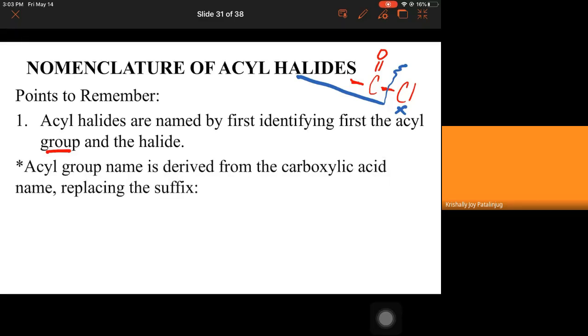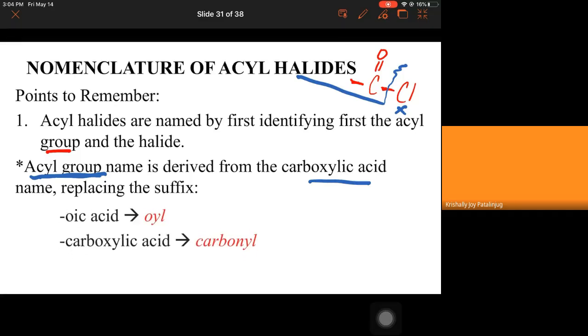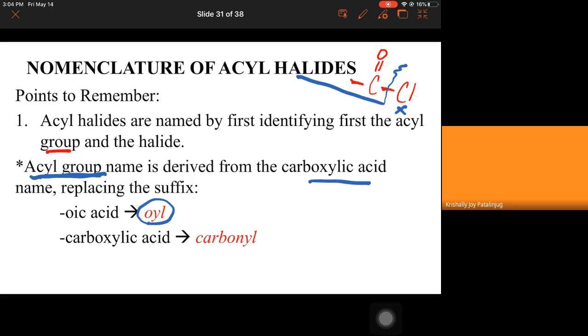Okay. The acyl group name is derived from the carboxylic acid name. You cannot name an acyl halide if you cannot name a carboxylic acid. They follow each other. Okay? Again, the acyl group part will be derived from the carboxylic acid name. How? If you already have the corresponding carboxylic acid name, simply replace the suffix oic acid with oyl. For cyclic, the ending carboxylic acid is changed to carbonyl.